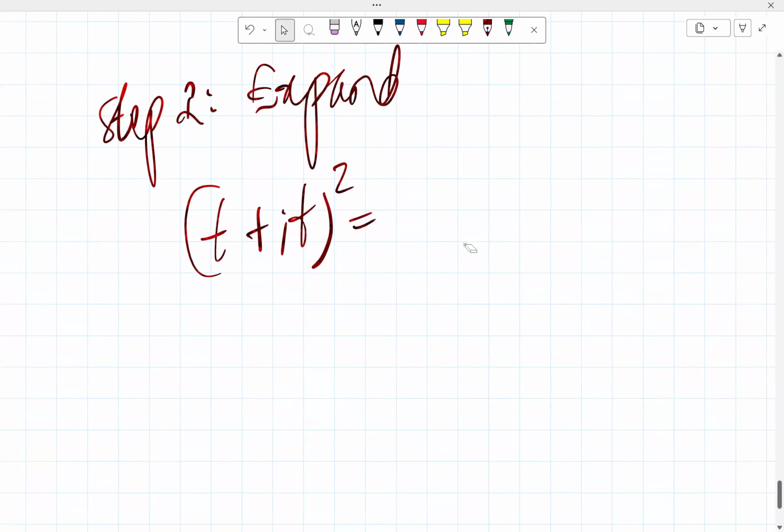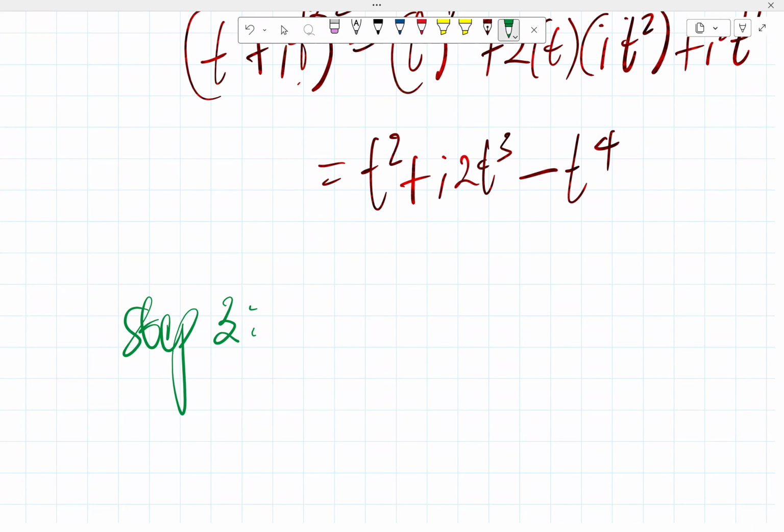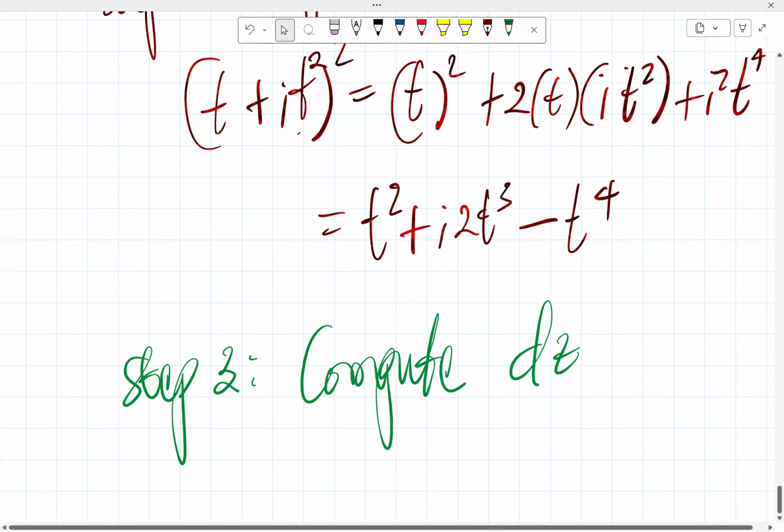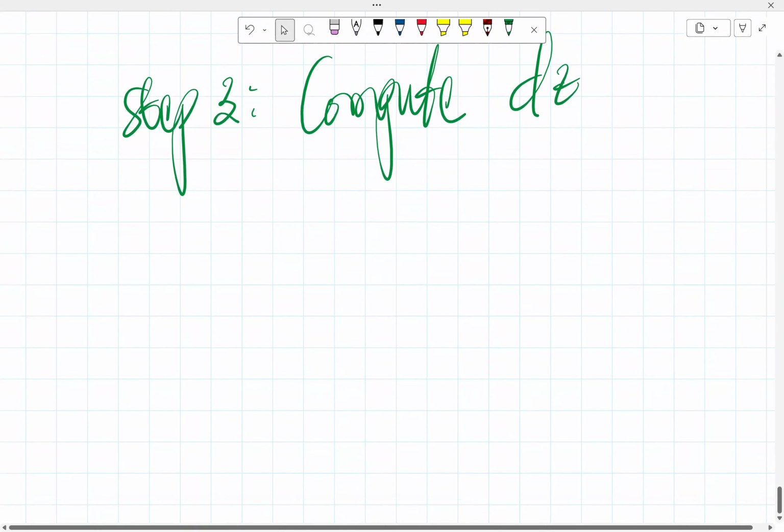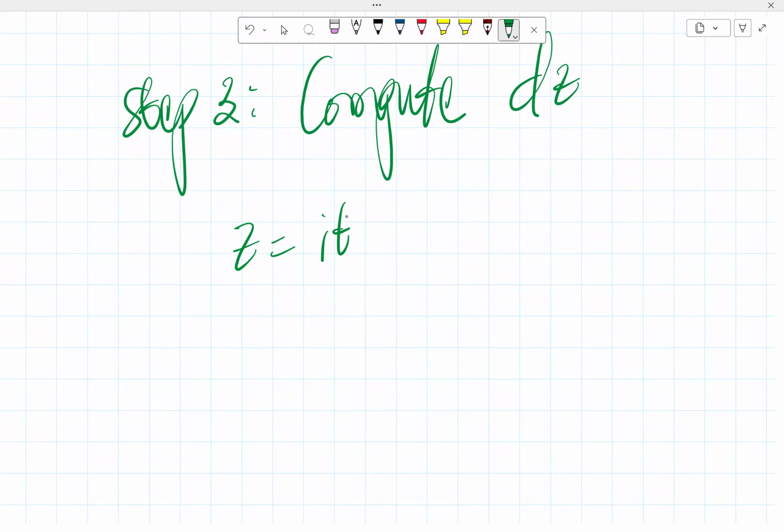The next thing we need to do is step 3: compute dz. Don't forget the problem; this is what we are trying to evaluate. We have got this in terms of t, so we now need to get dz in terms of t. z is gamma of t, so z is t plus i t squared.